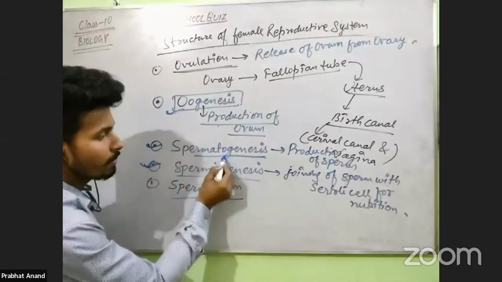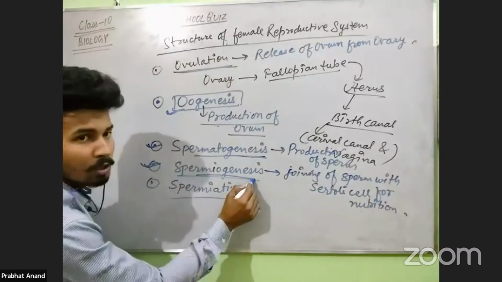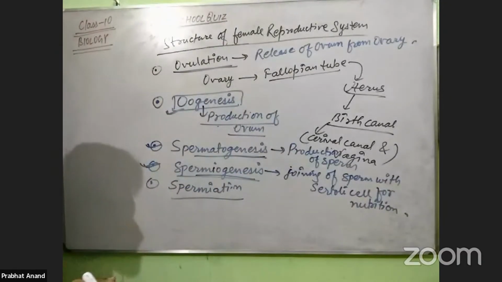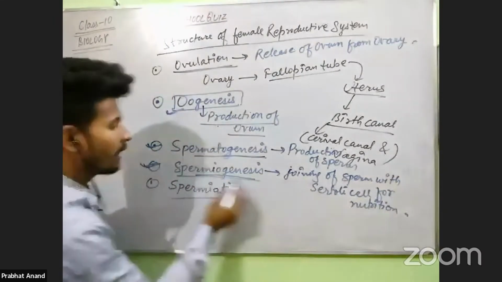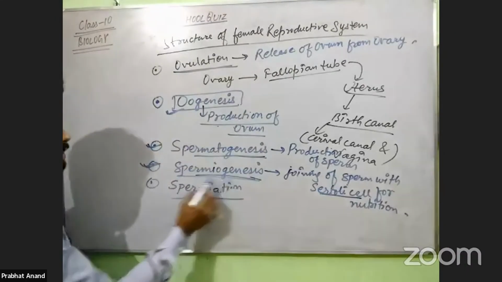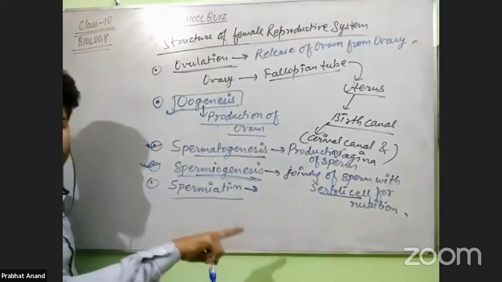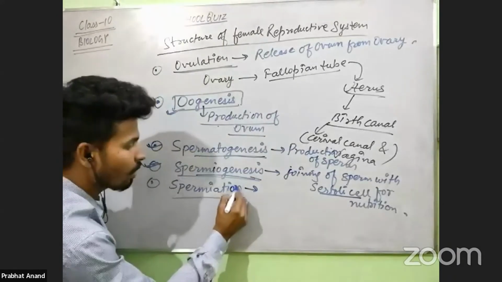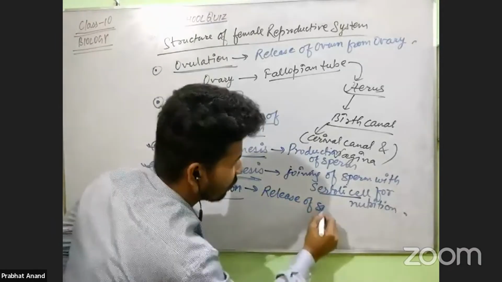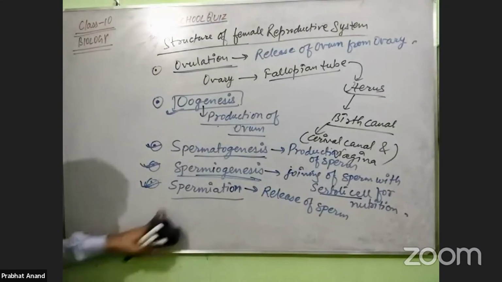The production process is spermatogenesis. Attachment with the Sertoli cell is called spermiogenesis, because after the production, the sperm will relocate from that part. After the maturation, it is released out from the testis, and the release of sperm takes place by the process of spermiation.